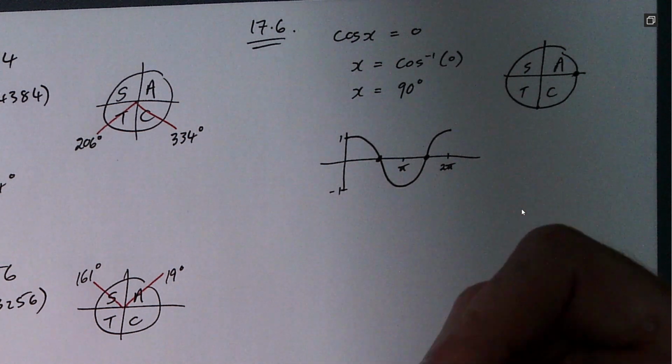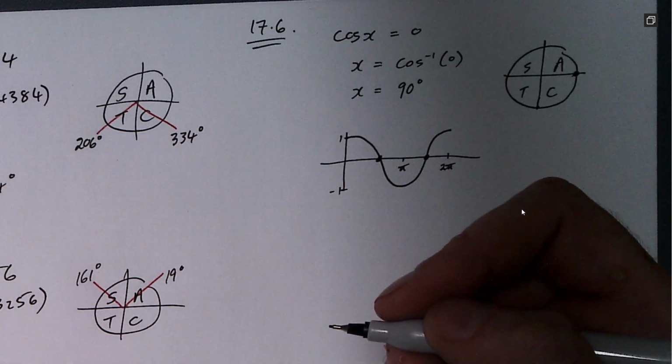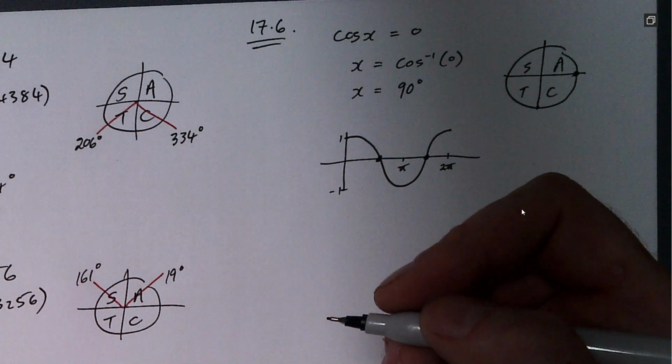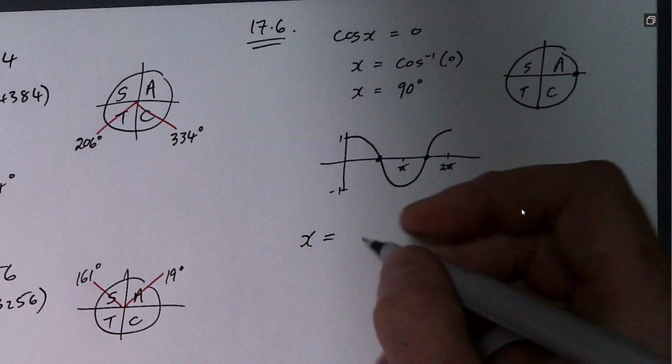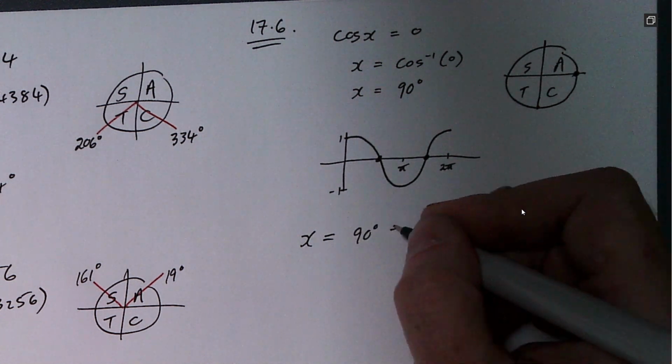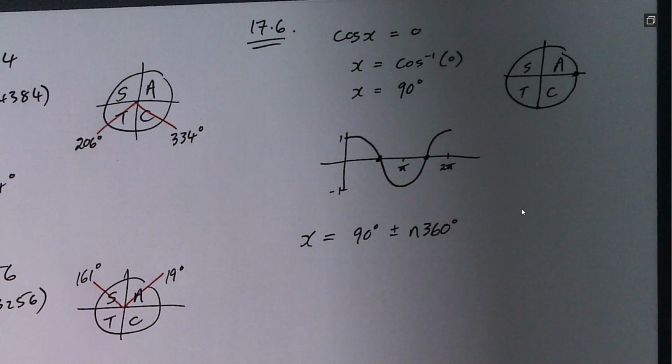Now for the general form, let's write in general form, it's a quick question. So write in general form: x equals 90 degrees plus or minus n 360 degrees. So call it plus or minus n 360.